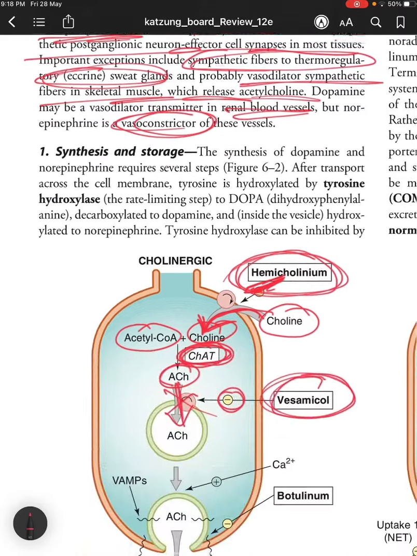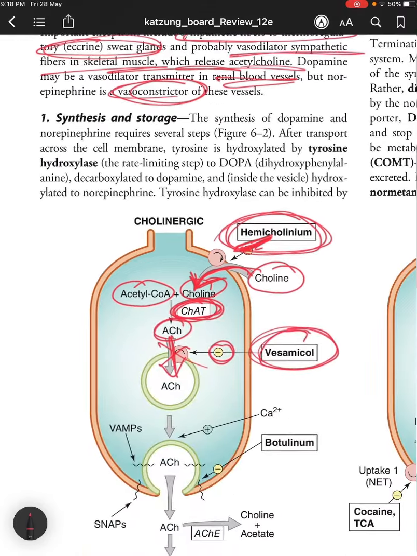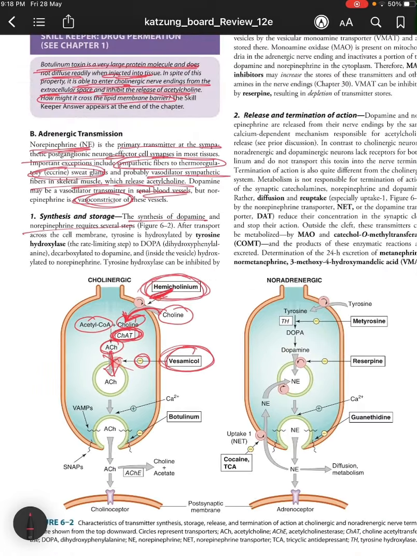Okay. So coming to the synthesis and storage, the synthesis of dopamine and norepinephrine requires several steps. So we can discuss that in this figure. After transport across the cell membrane, tyrosine is hydroxylated by tyrosine hydroxylase, which is the rate limiting step, to dopa.